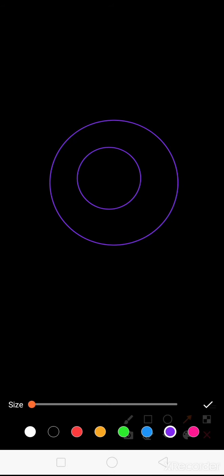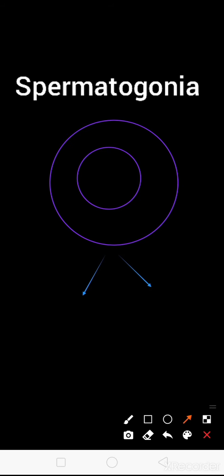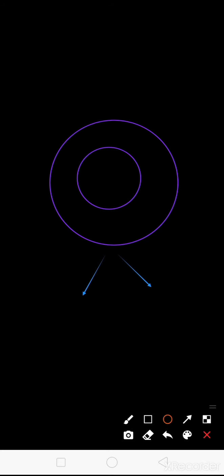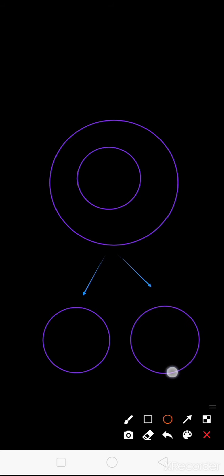There are lots of primary germ cells like this, and they undergo mitosis to form two spermatogonia. These are our two spermatogonia, each having a nucleus.